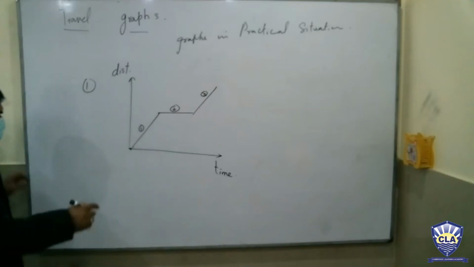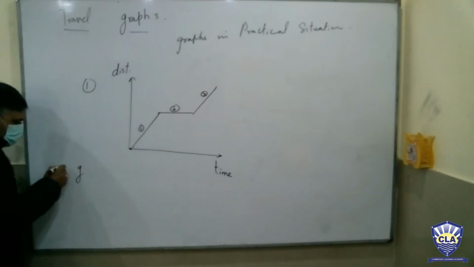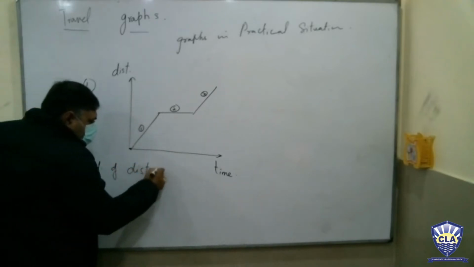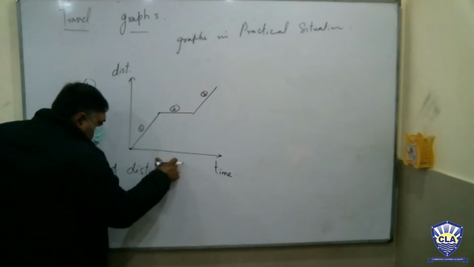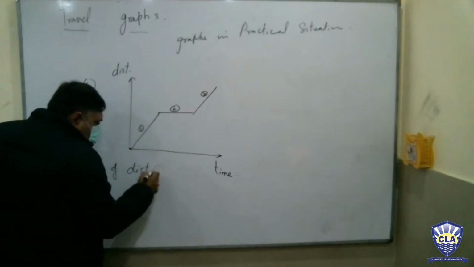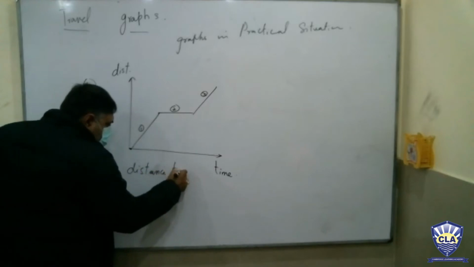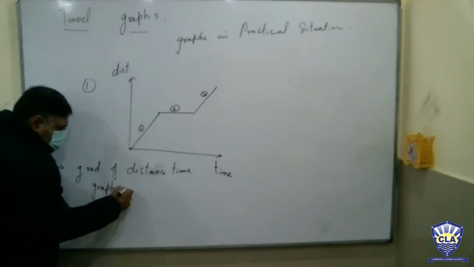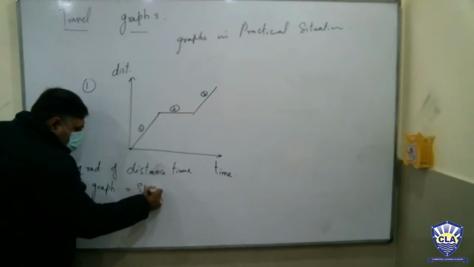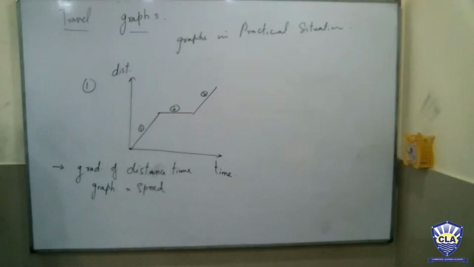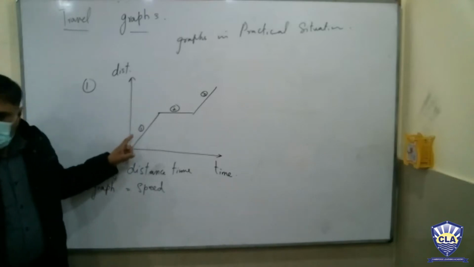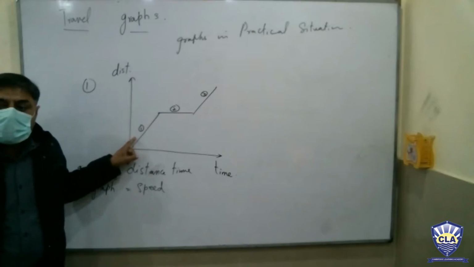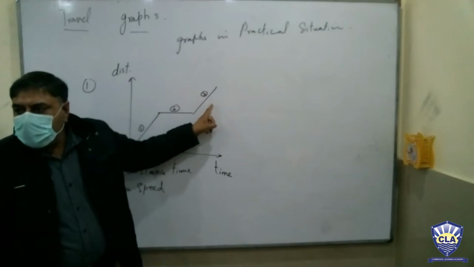So point number 1, the gradient of a distance time graph equals speed. Gradient of situation number 1: if you find the gradient, then it will be your speed.